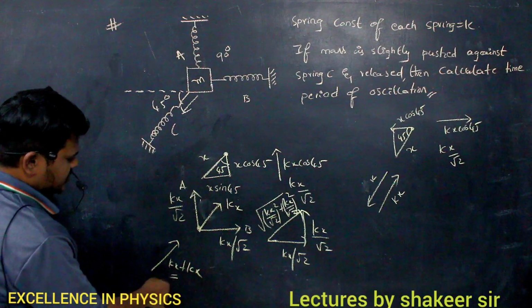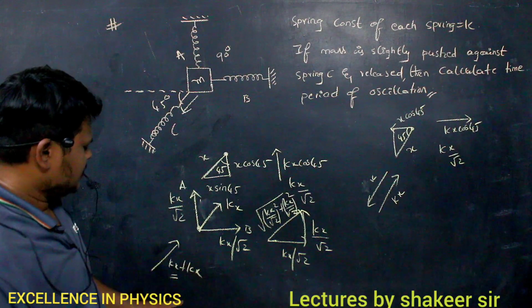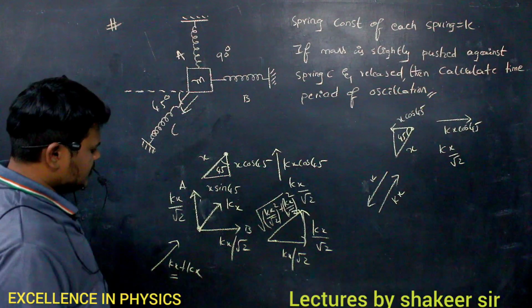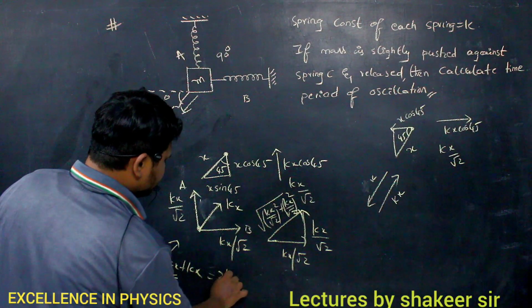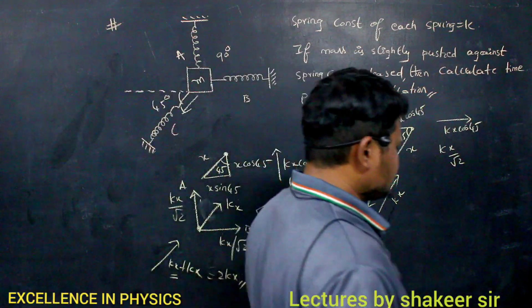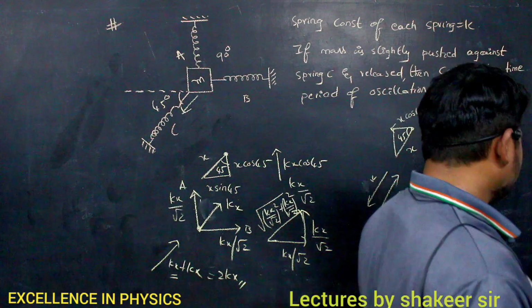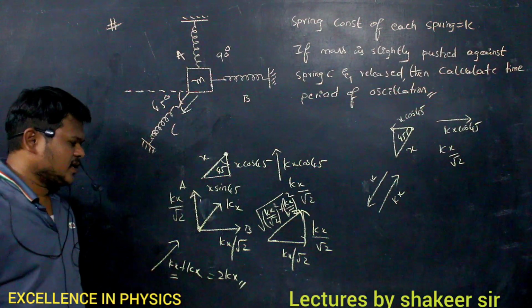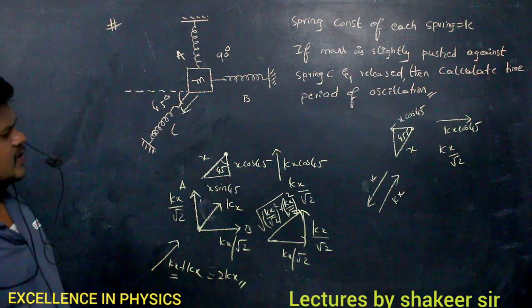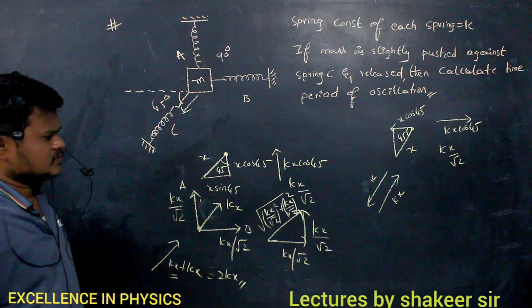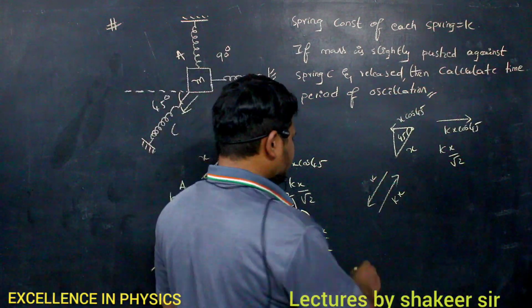So this is the restoring force because of A and B, and this is the restoring force because of spring C. So the total restoring force will be equal to 2kx. And restoring force, we can indicate by a negative symbol, because if elongation is in one direction, then restoring force will be in the opposite direction. First make a note of this one, then we will try to derive.